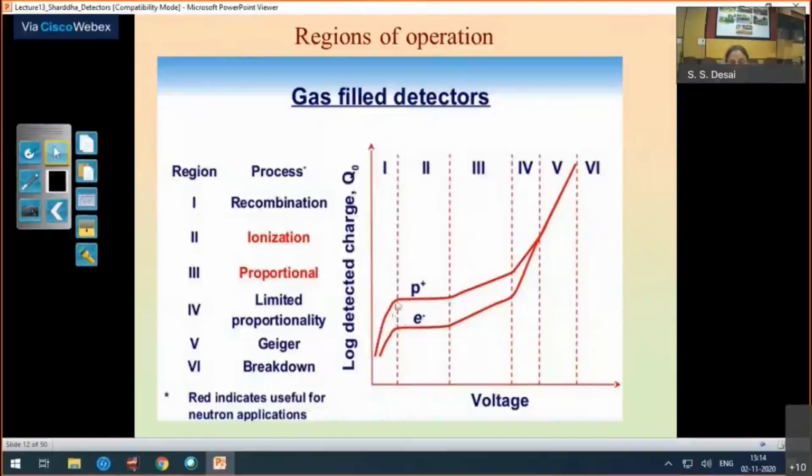So when voltage is increased beyond a certain stage, we are reaching the avalanche formation. The electric field between the electrodes is so considerably high that these electrons are accelerated to form secondary electrons, and this avalanche is created till the anode is reached.